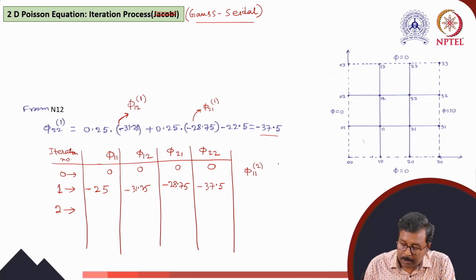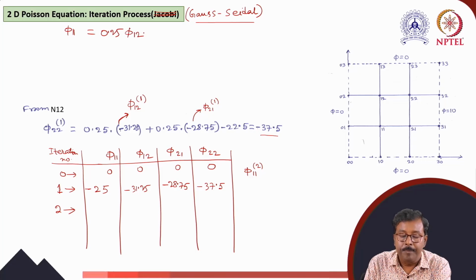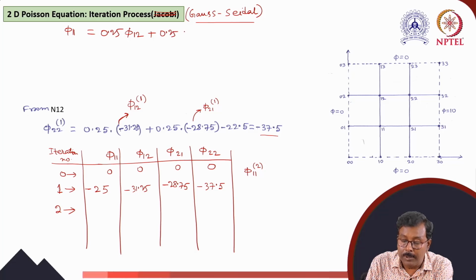You have to write the formulas of these equations, so let us summarize the equations here. Phi 1 1 is equal to 0.25 phi 1 2 plus 0.25 phi 2 1 minus 25, this is equation N9.